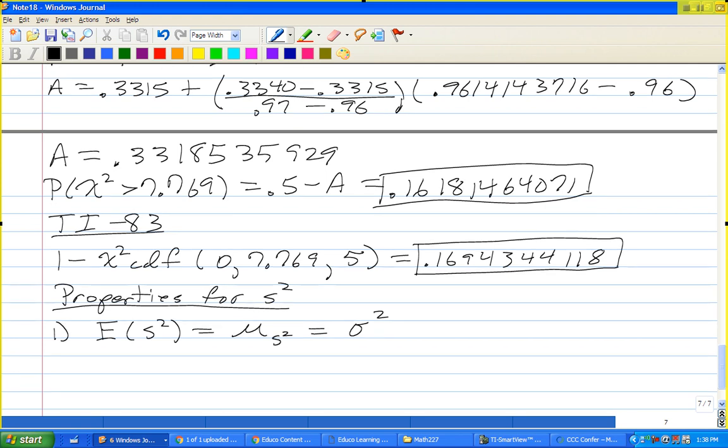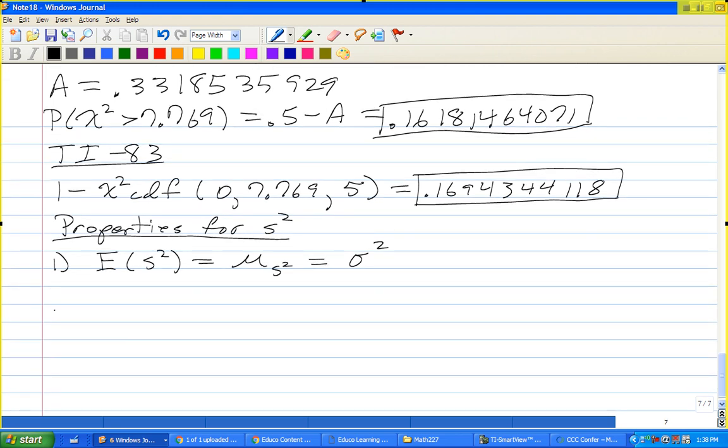Next, the variance for the sampling distribution of all possible sample variances will be 2 times the square of the variance over n minus 1.